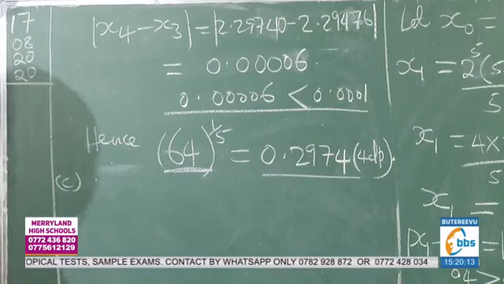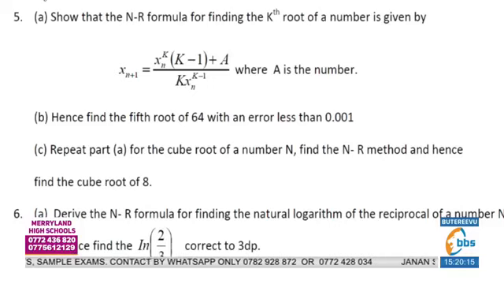Part C is a number that I am going to interpret as we proceed. They say repeat part A for the cube root of a number n. The number in question is n, and they want the cube root.